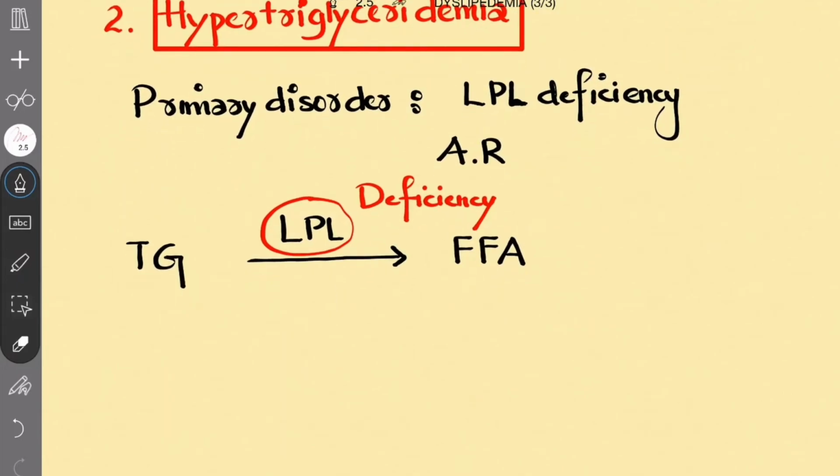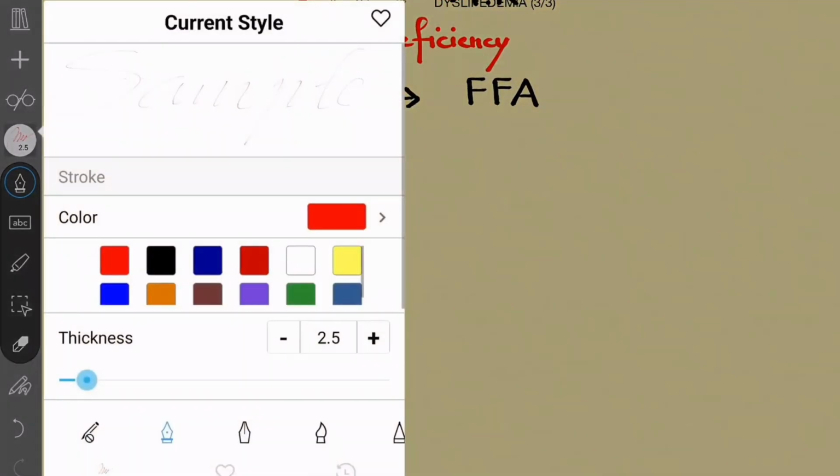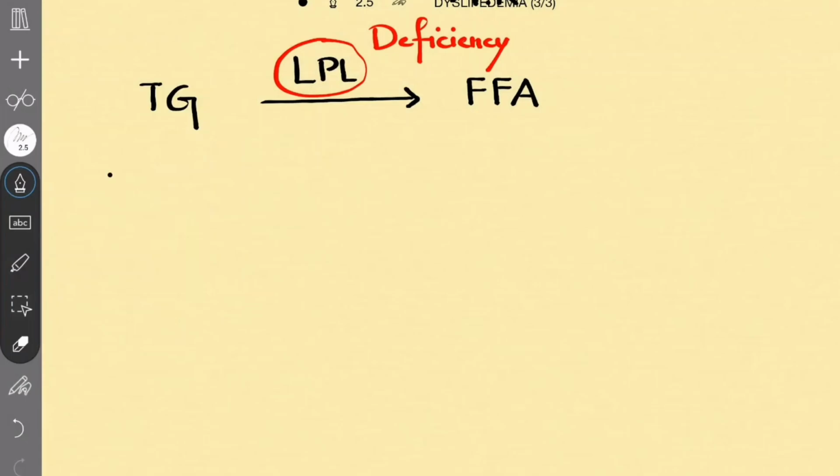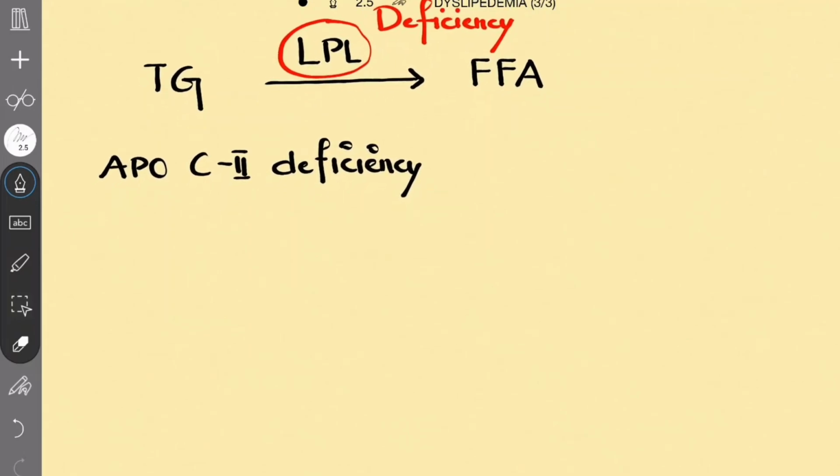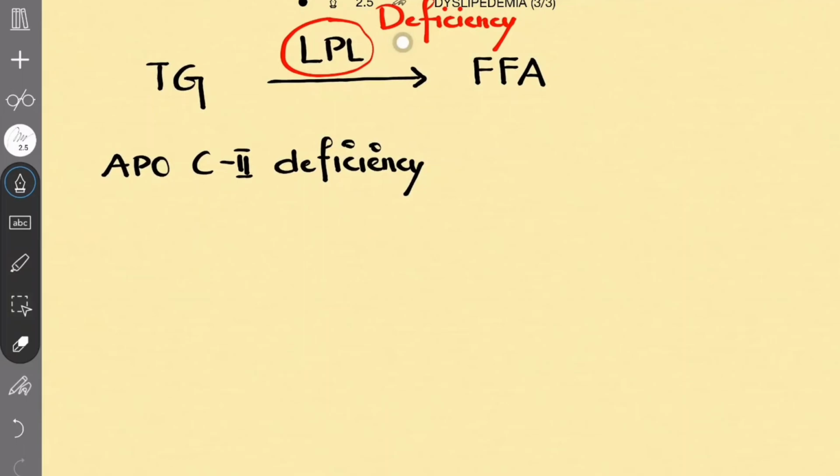Similarly, another primary disorder in hypertriglyceridemia is ApoC2 deficiency, similar to ApoB100 deficiency. ApoC2 is especially seen in chylomicrons, VLDL, IDL and HDL.